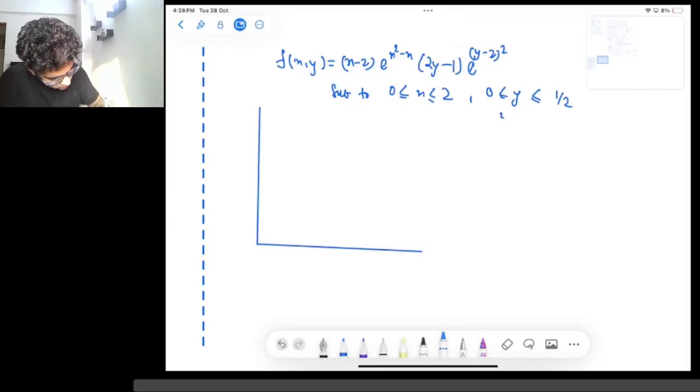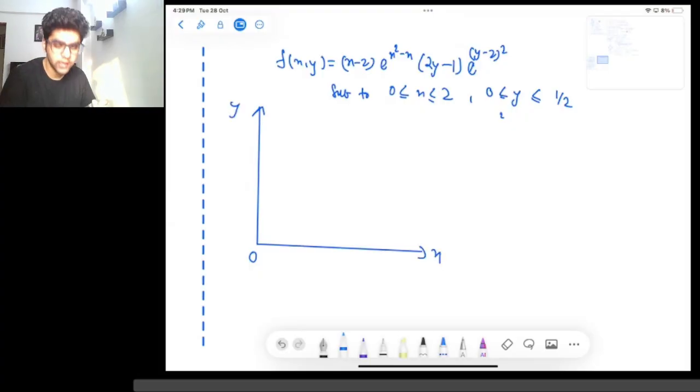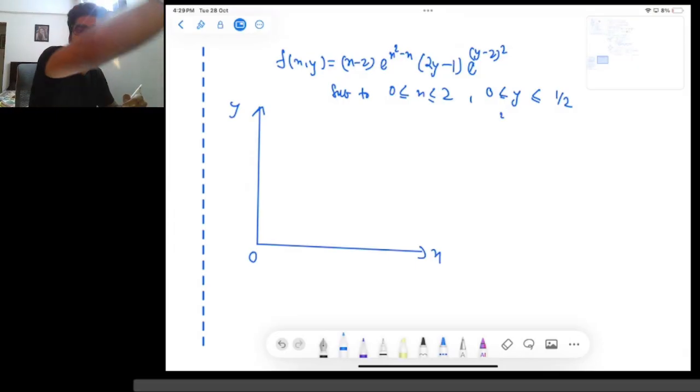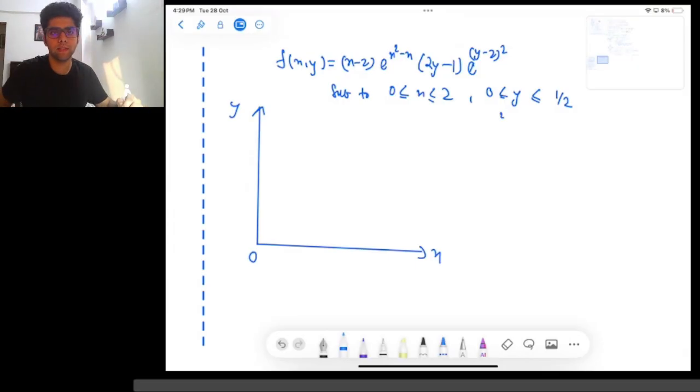Now what I can do is I can just mark, this is my origin, this is my y-axis, this is my x-axis. I am only taking the first quadrant. Why? Because my x is greater than 0 and my y is also greater than 0, right?